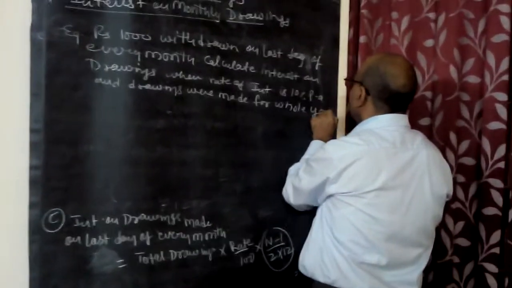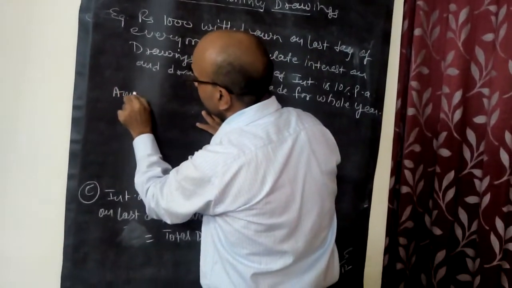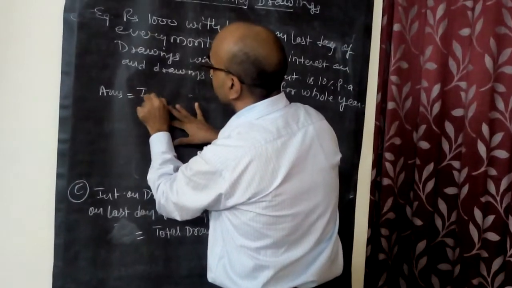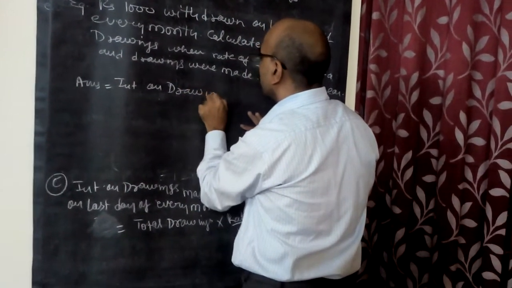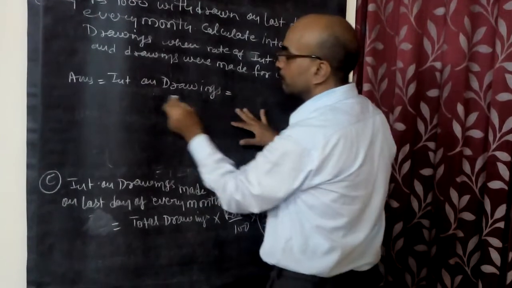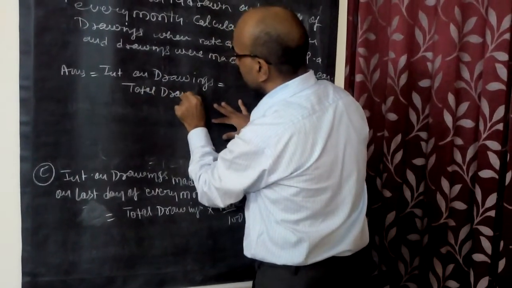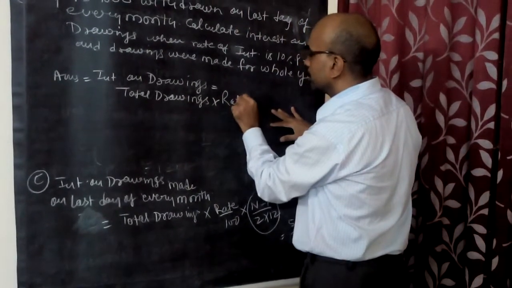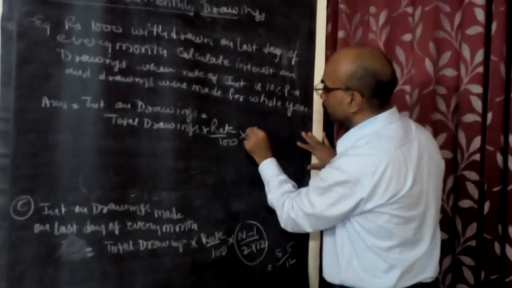So if I have to calculate the answer here, the formula given here: interest on drawings is equal to total drawings into rate upon 100 into n minus 1 divided by 2 into 12.